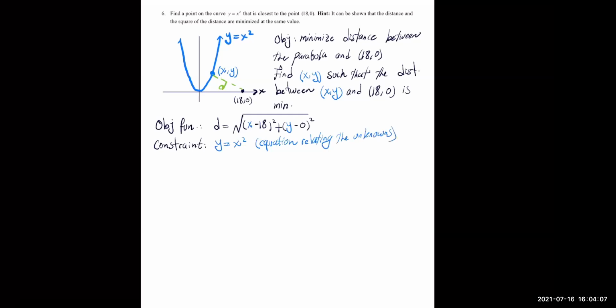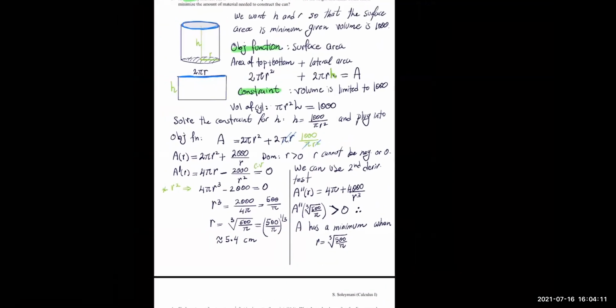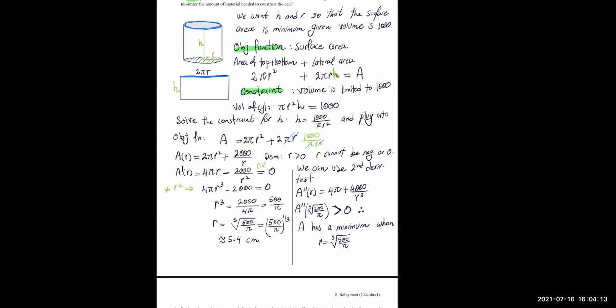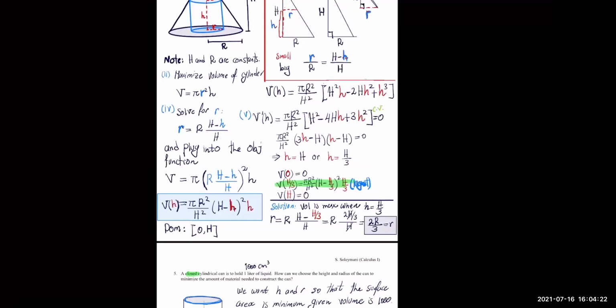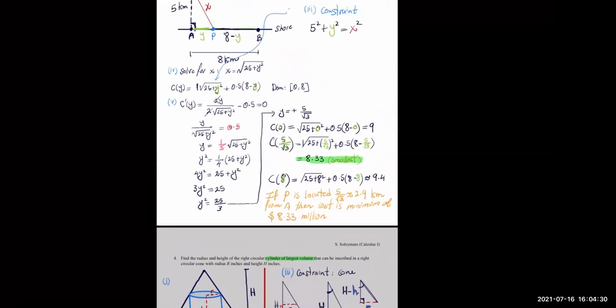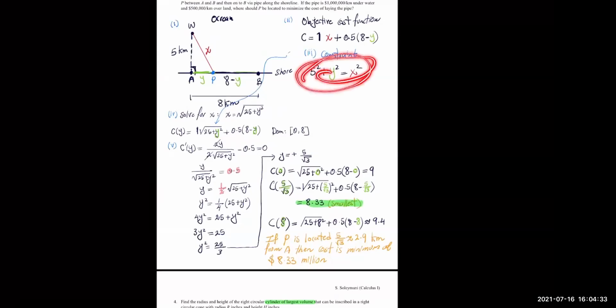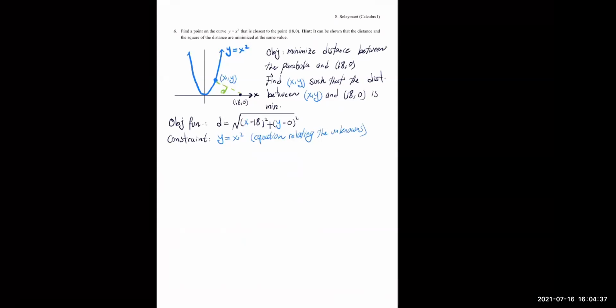And that's what we've been doing for all the problems. Look, this one: here's your constraint, the equation relating h and r. Or right here, the constraint is this, the equation relating r and h, your unknowns. Or here, the equation relating x and y, your unknowns. That's what the constraint is.